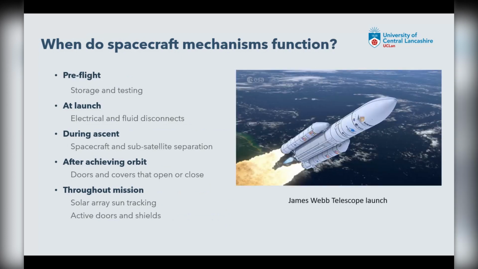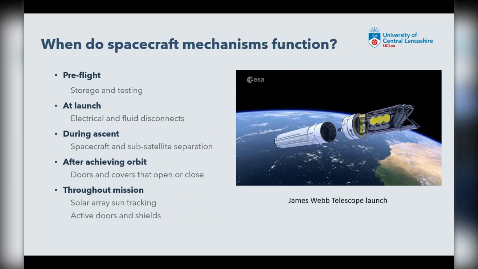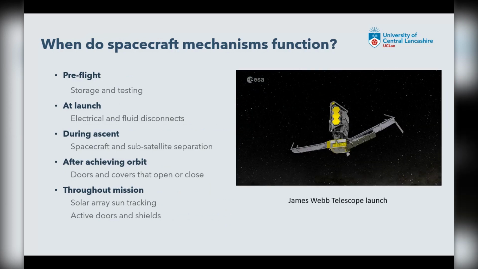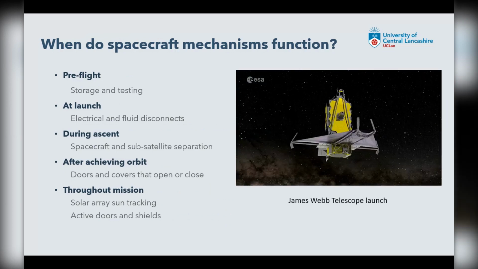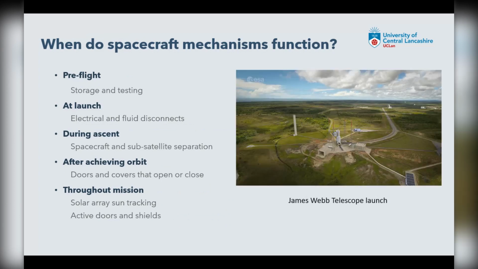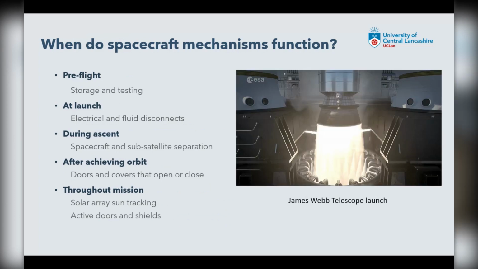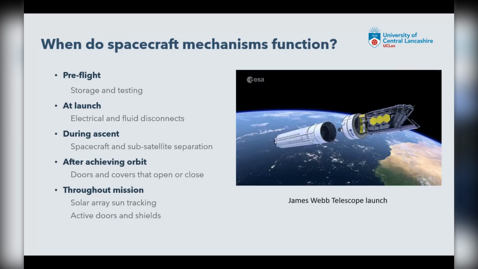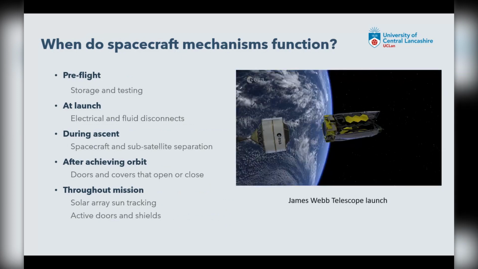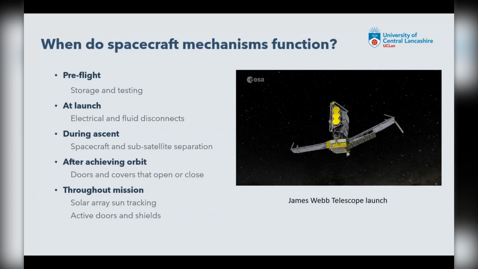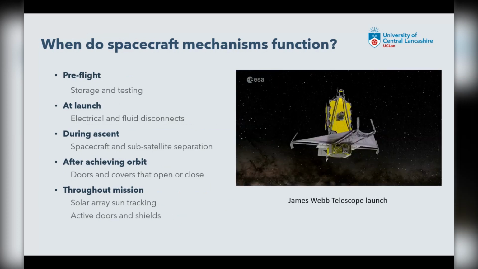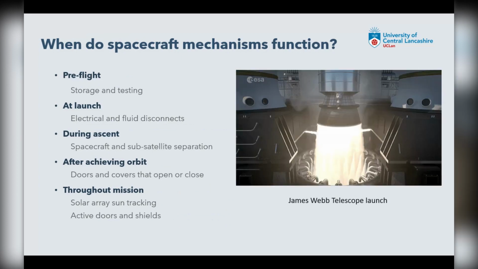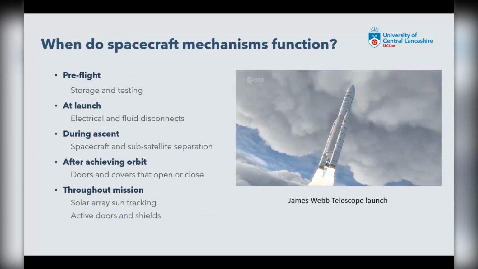During ascent, spacecraft and sub-satellite separation should activate. After achieving orbit, the doors, covers, and solar panels, and in the James Webb Space Telescope's case, the sun shield should deploy. Throughout the mission, the solar panels should be tracking the sun or maybe an energy source nearby. And there are a lot of mechanisms, like active doors and shields, which should be functioning throughout the mission.